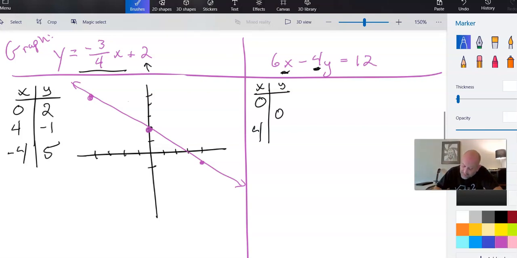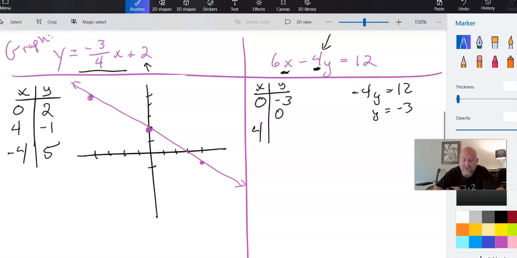If x is 0, then this guy goes away, right? And that leaves me with negative 4y equals 12. And if we divide by negative 4, then y is negative 3. So I have the point 0, negative 3. Now here I'm plugging in 0 for y.